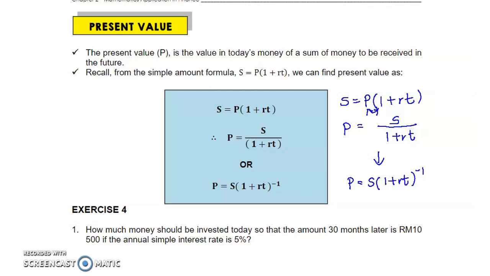Okay. So denominator here, if you want to put it in numerator, you bring it up. So the power becomes power of negative 1. So this formula and this formula will give you the same answer. Just be careful that if you use this formula, don't forget power of negative 1.